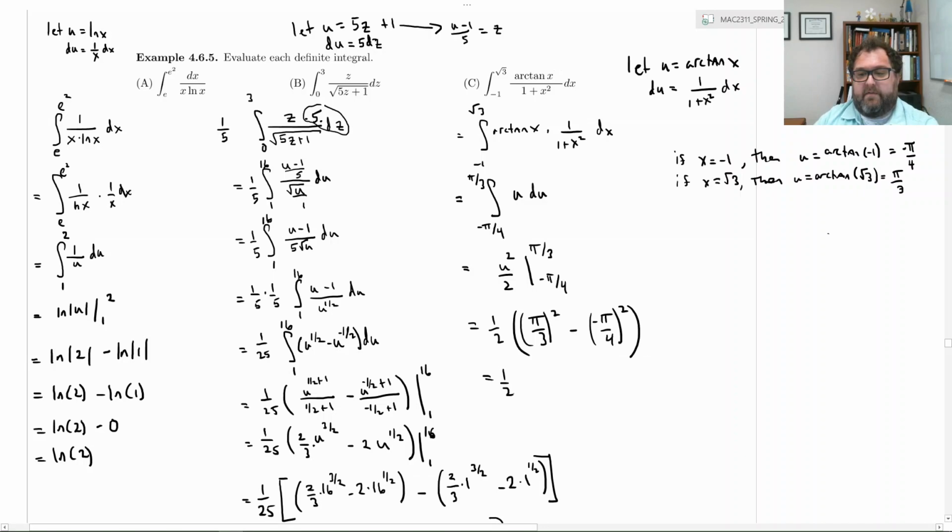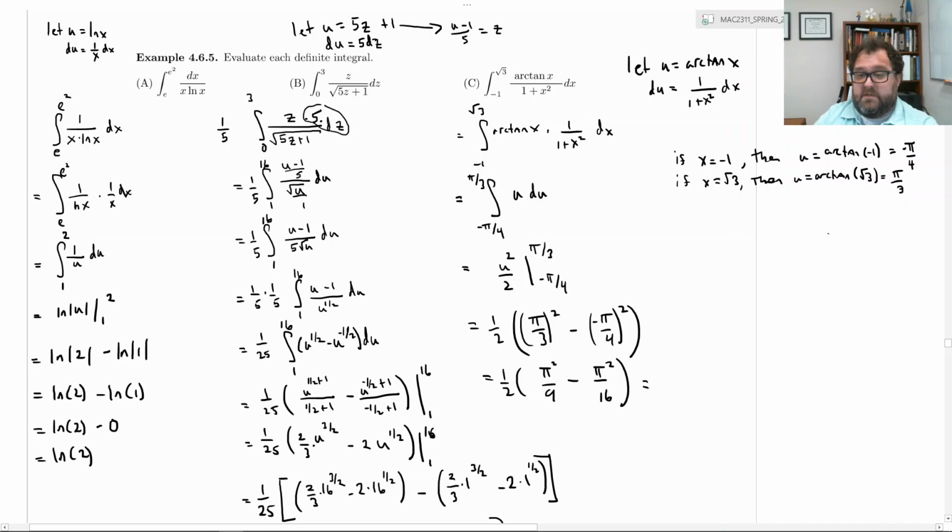We get 1/2 out front, of course, then we have pi squared over 9. Now we have minus, and negative pi over 4 squared is a positive value, so it's pi squared over 16. But the negative between them stays because, again, when we square a negative number, we get a positive value.